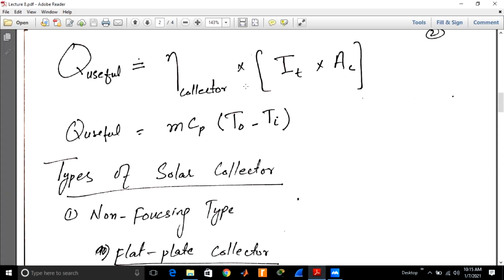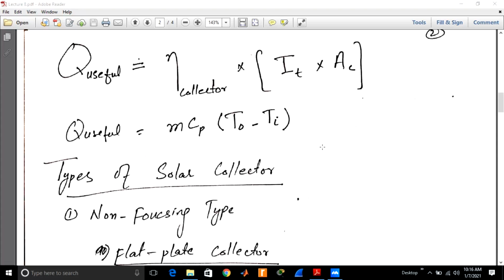And if they say how much the radiation is, the effective area, meaning the area of the collector, and the efficiency, you can use this one. So now you are able to find the useful heat, and you also know that there are two types of radiation, beam radiation and diffuse radiation, and what is meant by the effective area.